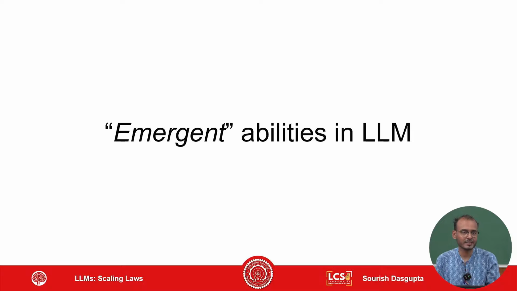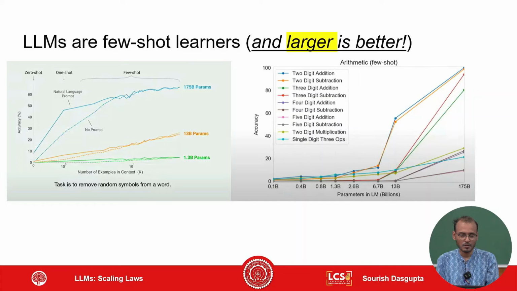Emergent abilities in LLMs. Let's try to understand what we mean by emergent. In the famous GPT-2 paper, two things came out of the experiments. The first understanding was that LLMs are few shot learners.